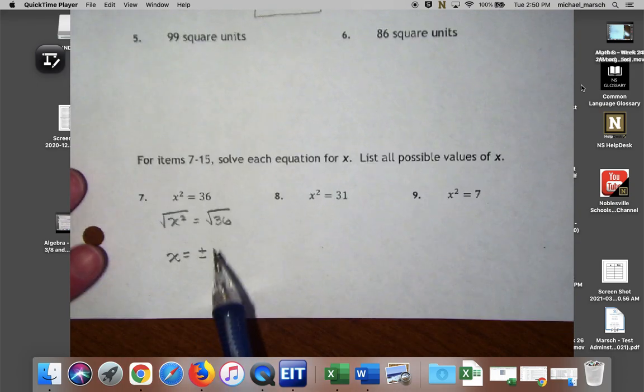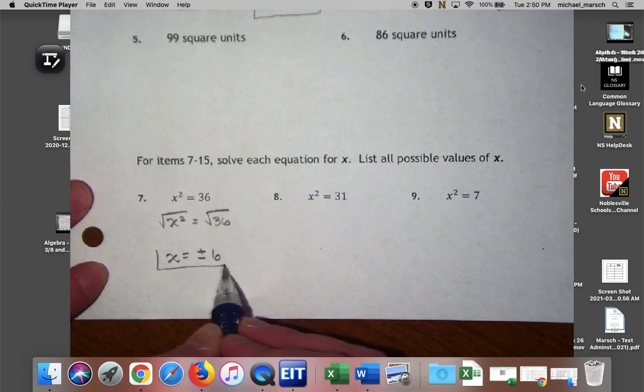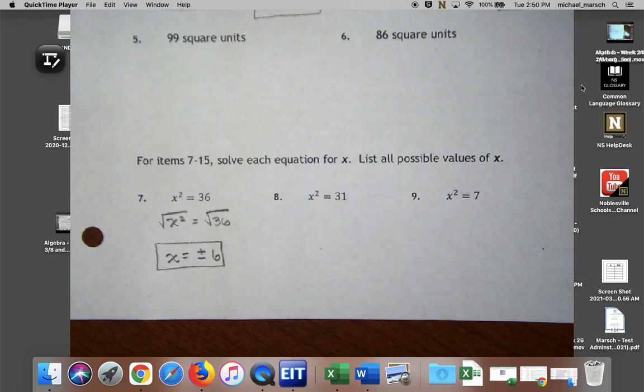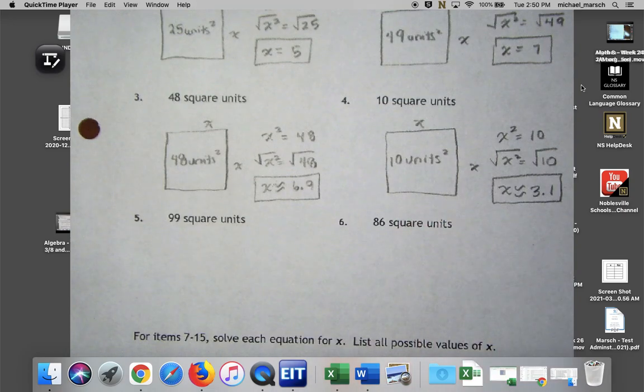And this is the cool little positive or negative symbol. That tells everybody that if you multiply 6 times 6, you get 36. If you multiply negative 6 times negative 6, you also get 36, right? We didn't do that up here because you can't have a negative side length. That's not a thing, right?